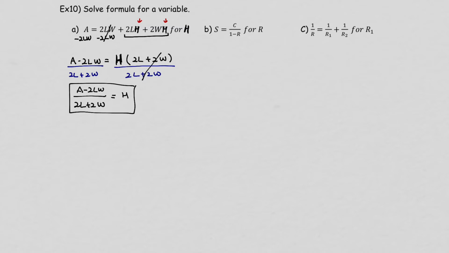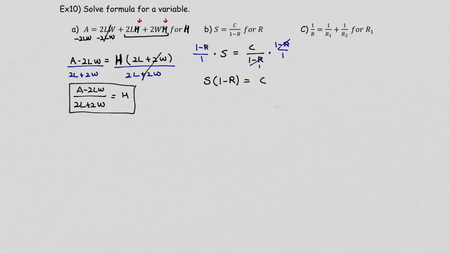So I have s equals c over 1 minus r, and I will multiply this by 1 minus r over 1. Do the same thing on the other side to get rid of the denominator, right? No more fraction then. It means without the fractions, I have s times 1 minus r equals c.